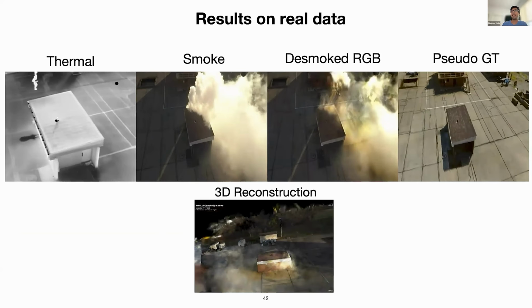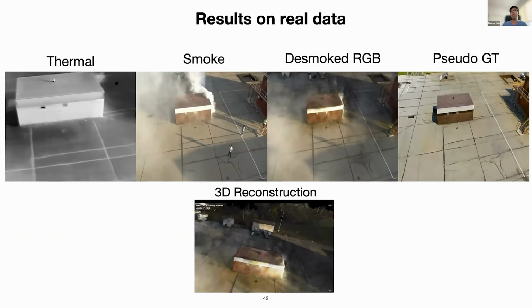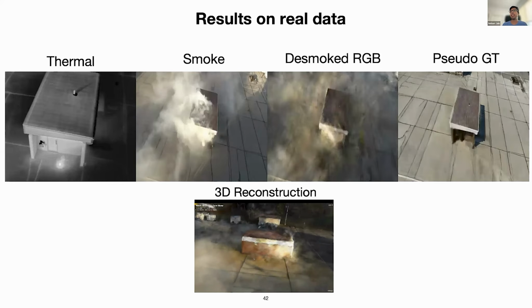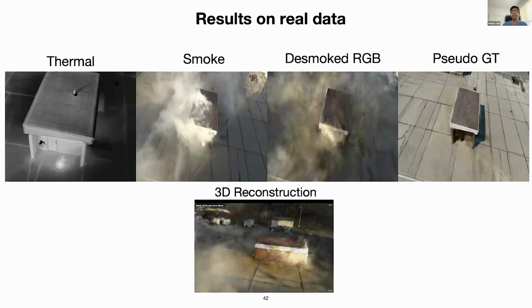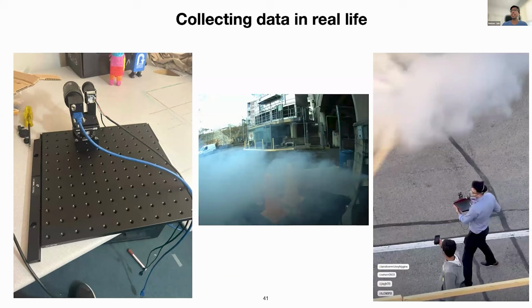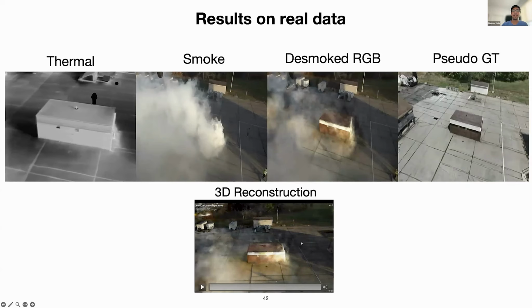So in practice, we do a 3D reconstruction of the smoke filled video and the non-smoke filled video, and we get the poses in the same coordinate frame, and then we try to do some novel view synthesis. That's why they aren't exactly aligned, I would say. So that's how we obtain this pseudo ground truth.